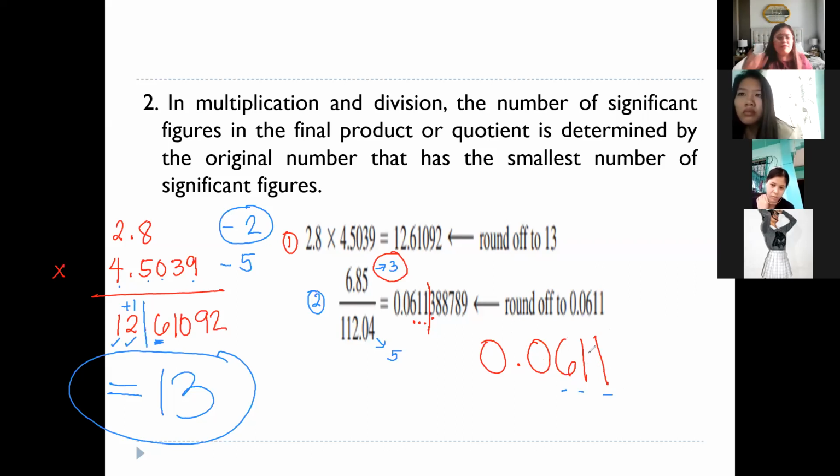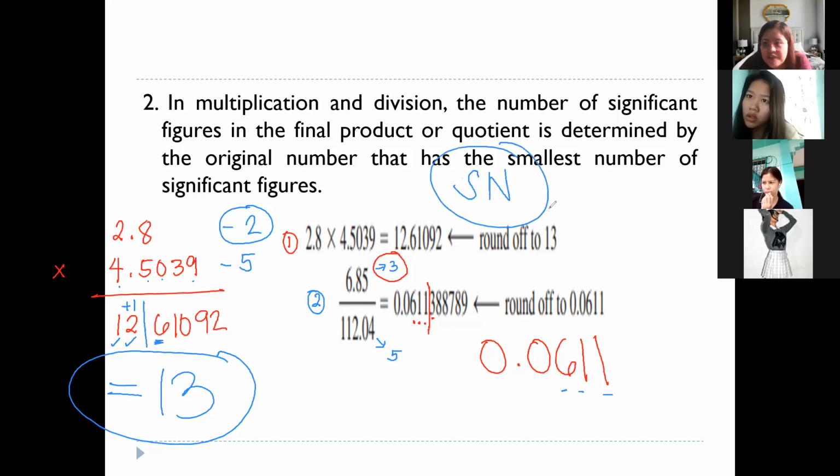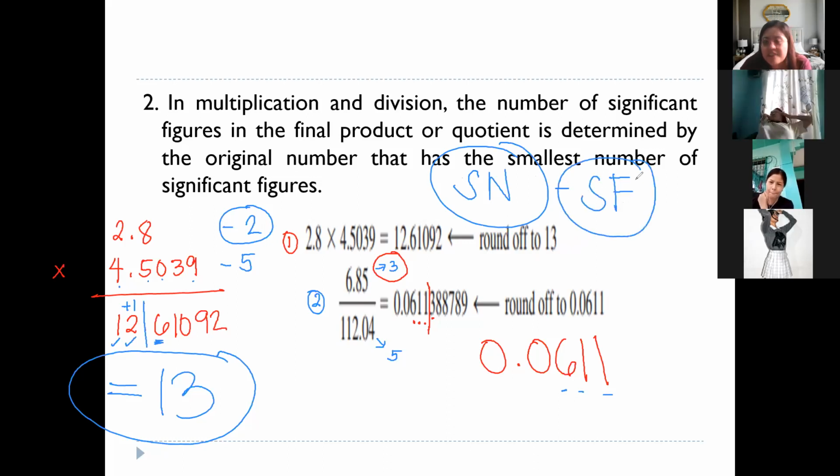That's how you do it for multiplication and division. So this rule is also applicable if we multiply or divide scientific notations. The final answer should also follow the lesser number of significant figures. Okay ha? Pag mag-multiply ta or mag-divide ug scientific notation.